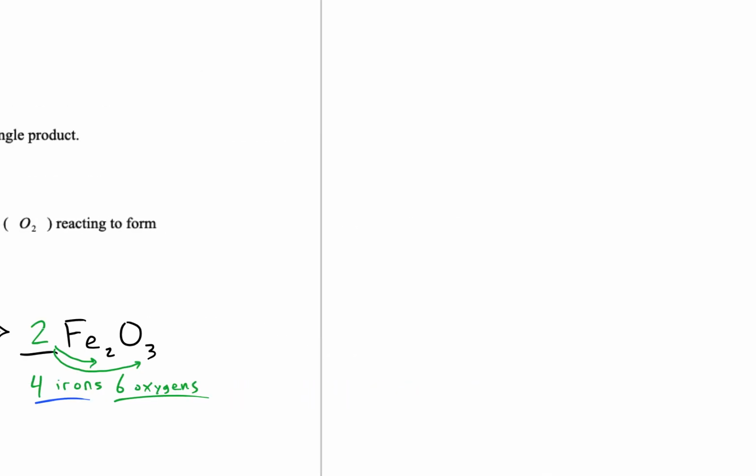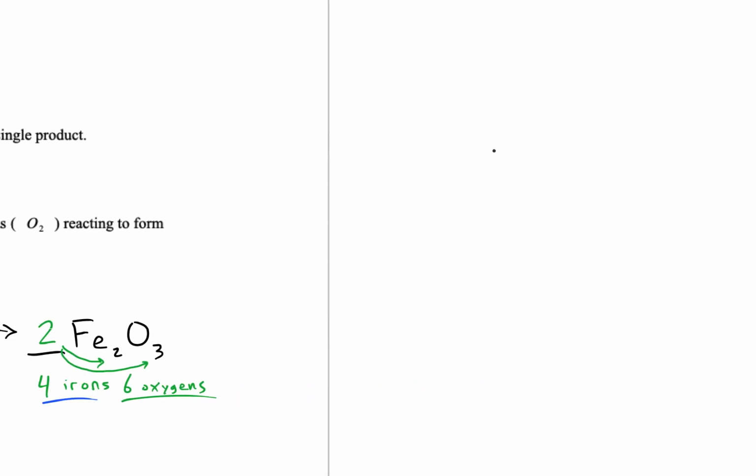Now it can also be useful in these situations to make a picture of what's happening. So iron is going to come together with O2 to make Fe2O3.